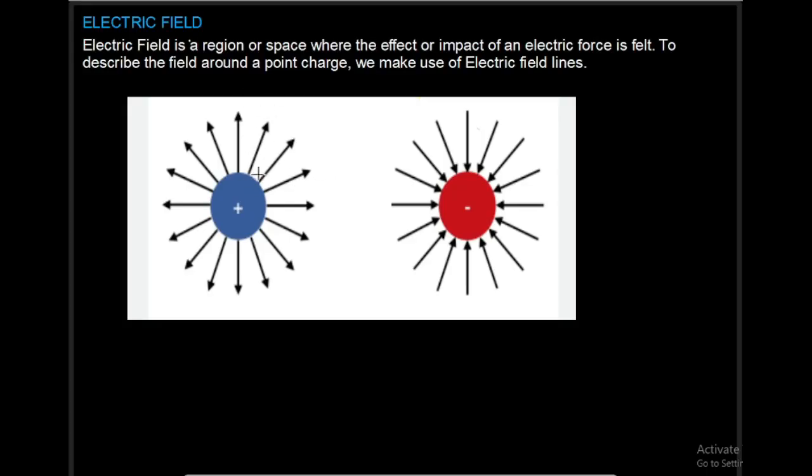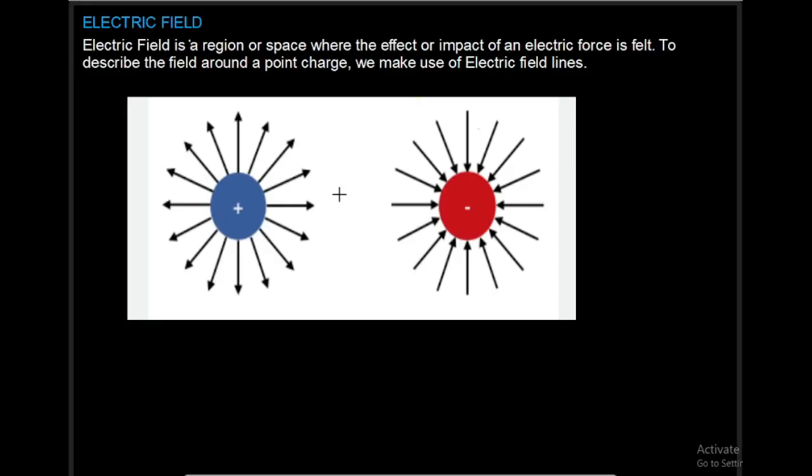The electric lines of force show us the direction of the field. You can see this is a positive charge, and the lines of force are pointing outwards. All these arrows here are pointing outwards. So we'll say the lines of force around a point positive charge is radially outward.